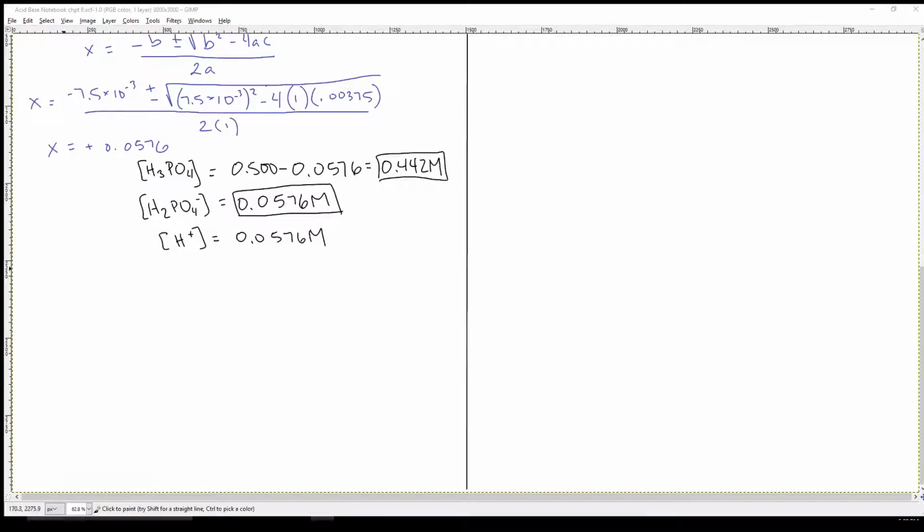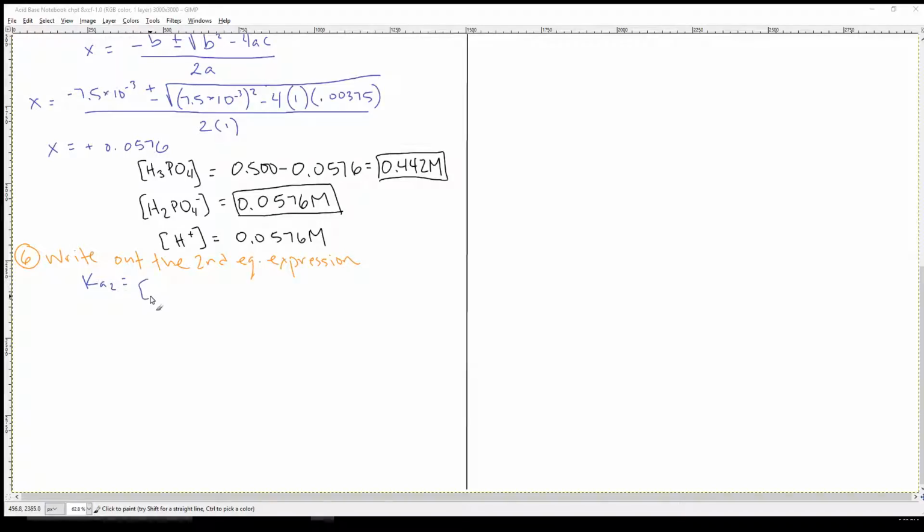So now we're going to repeat the process. Step 6: write out the second equilibrium expression. So this will be our Ka2, and we're going to use the second equation from the top of the paper. You should be writing this down so you can look at yours.